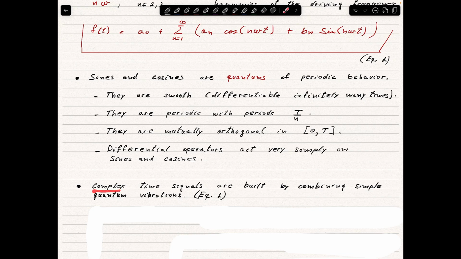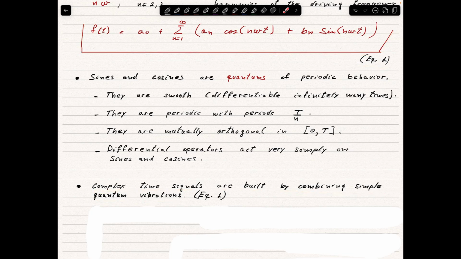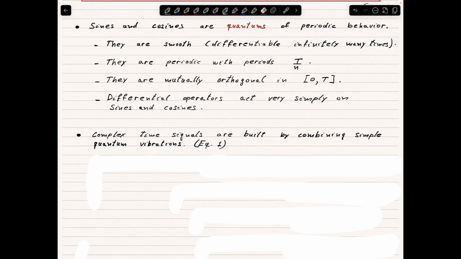Complicated signals in time are built by combining these simple quantum vibrations, just like we see here in equation 1. What is an everyday example?